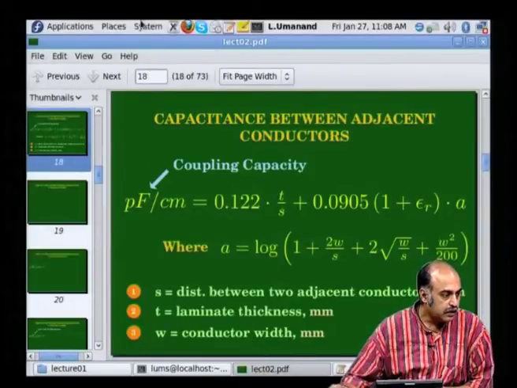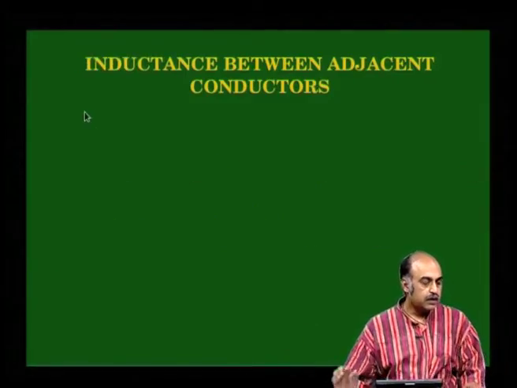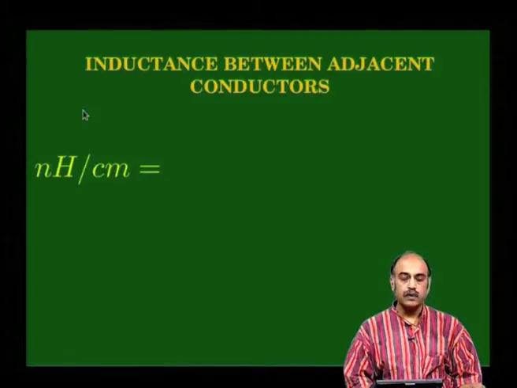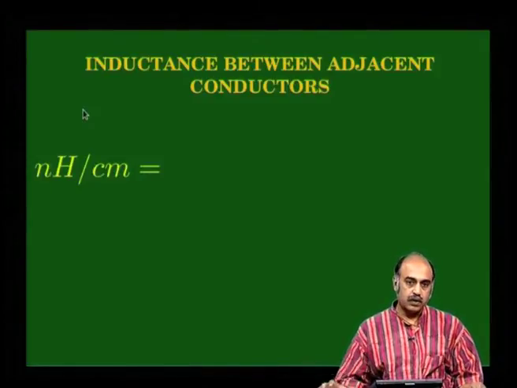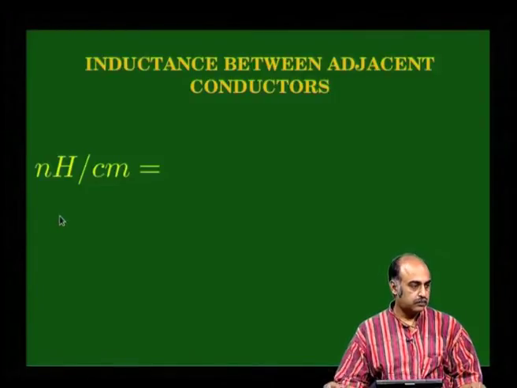So, we had left off at this point. Let us now look at the inductance between the adjacent conductors, which is given in terms of nanohenry per centimeter.